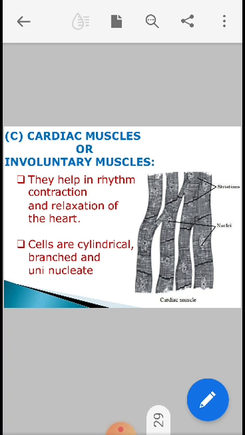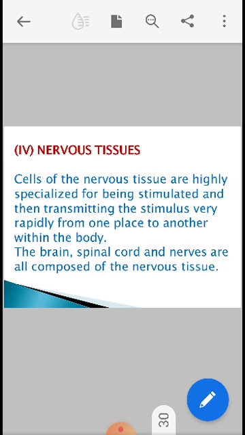That is because of the cardiac muscles. When we talk about the structure of these cardiac muscles, they are cylindrical, they are branched, and they are uninucleate. Now what is the meaning of uninucleate? Again, it has a single nucleus.